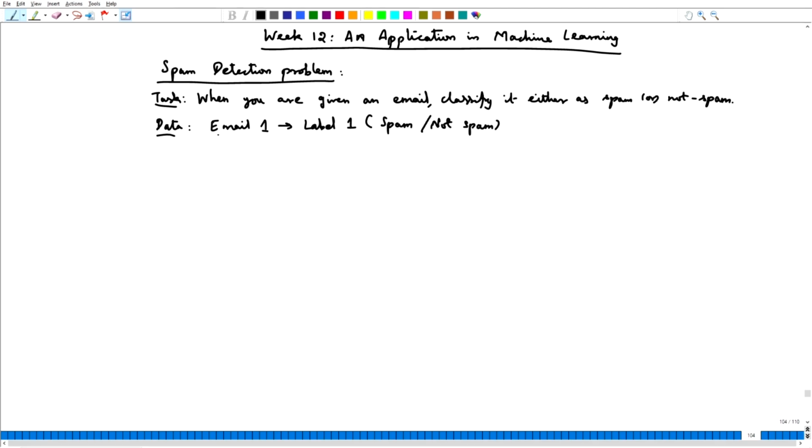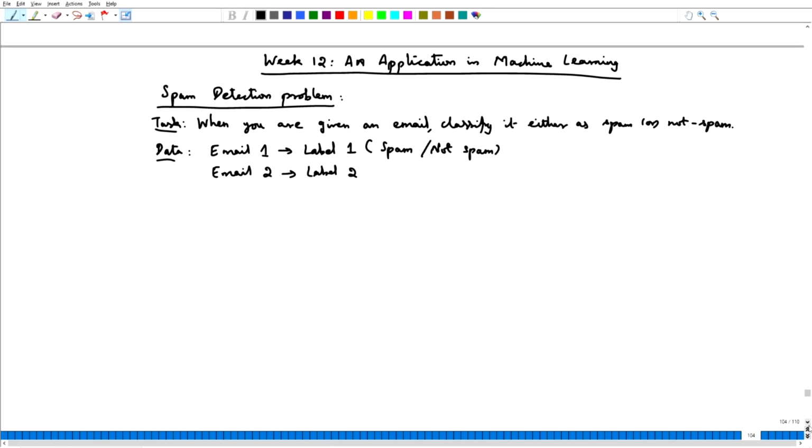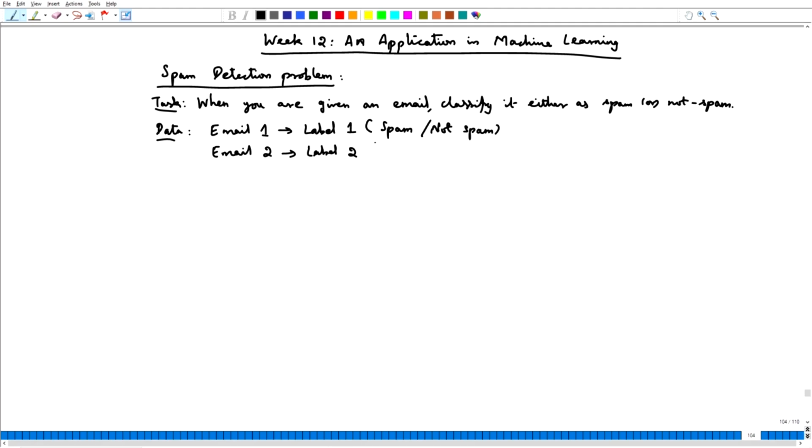Then you give email 2, then you have a label 2, which is possibly spam or not spam. So, maybe some n emails, thousands of emails maybe. Again this says spam or not spam.